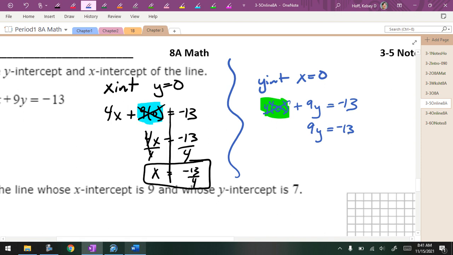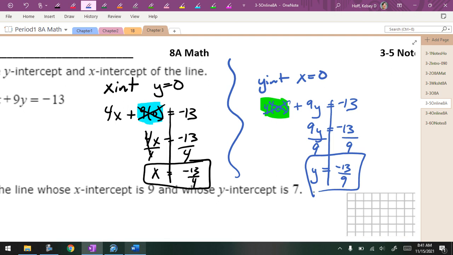What do I do? Divide both sides by 9. So my y-intercept is, okay, it's a decimal. So what do I do then? Very good. Just drag down negative 13 over 9. If it's a decimal, that's fine. It doesn't mean you made any type of mistake, but you drag it straight down.